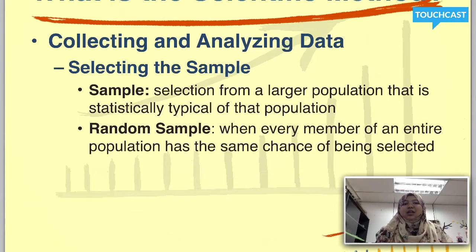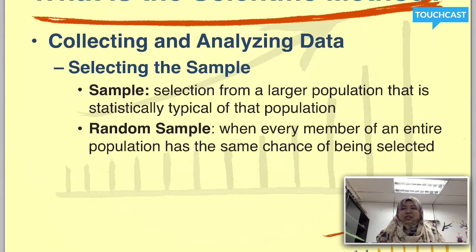For example, you also can have a random sample, when every member of an entire population has the same chance of being selected. So if you want to do research about education, about results, you can choose a different sample, for instance in Intec Education College.